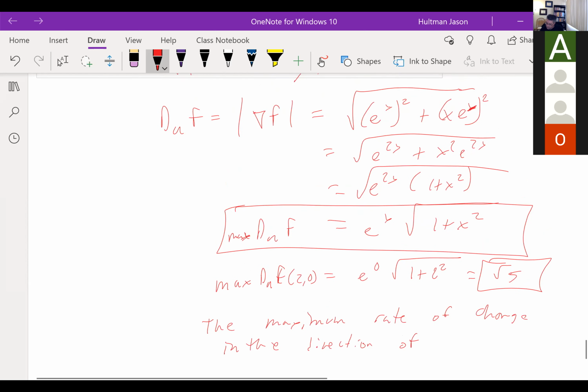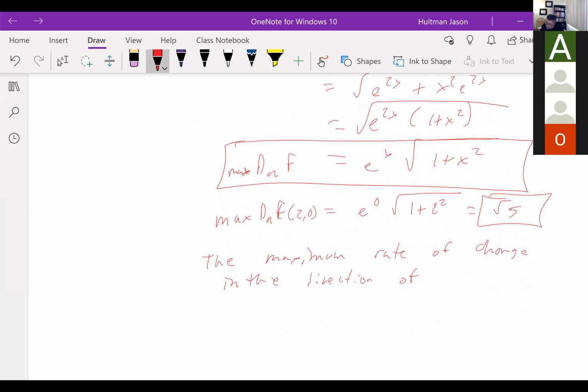What was del f at 2, 0? Del f was e^y comma x e^y, right? So if I plug in 2, 0 here, I get 1, 2. So del f evaluated at 2, 0 equals 1, 2. So it's in the direction of 1, 2.